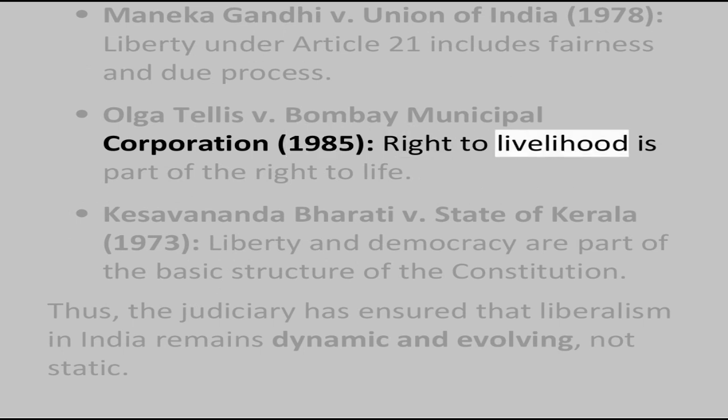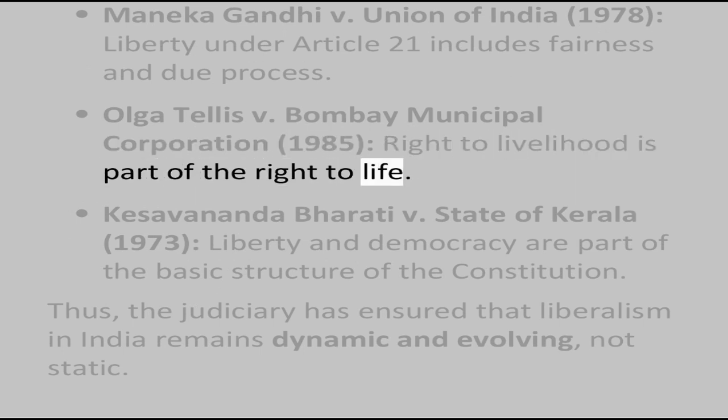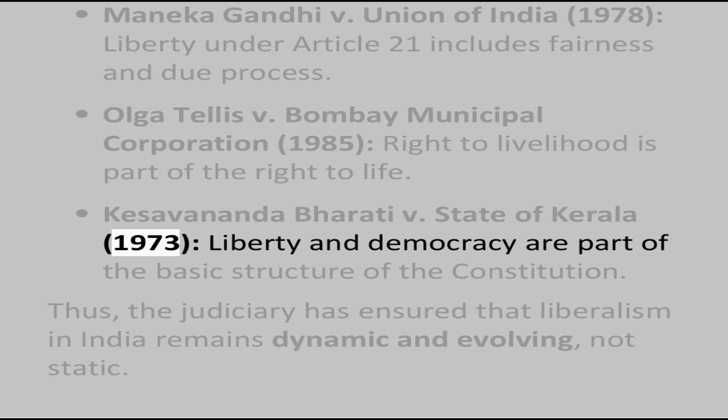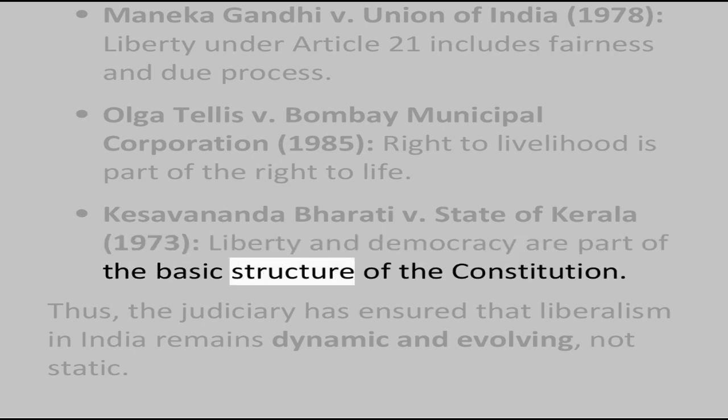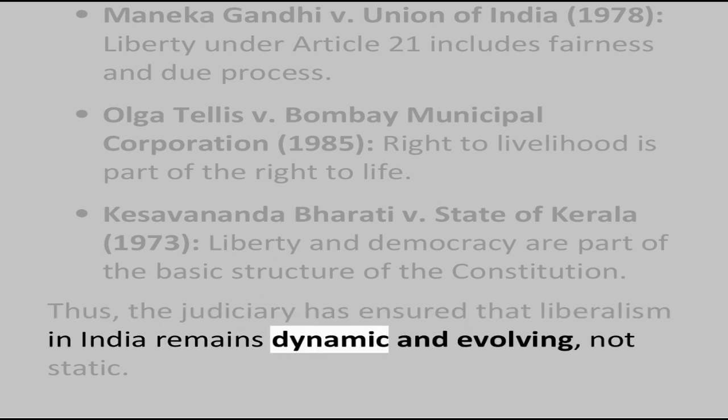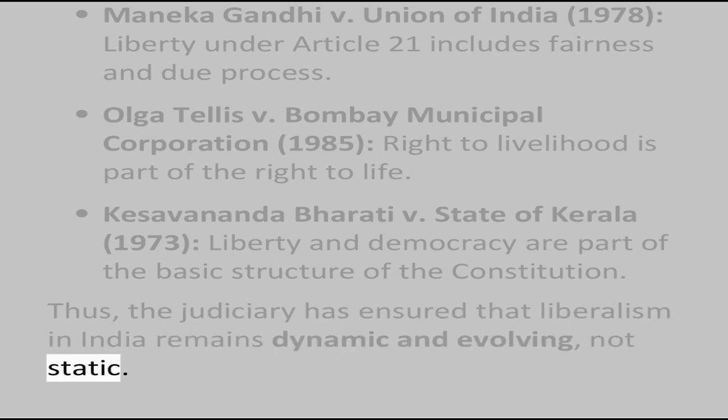Right to livelihood is part of the right to life. Kesavananda Bharati v. State of Kerala, 1973. Liberty and democracy are part of the basic structure of the Constitution. Thus, the judiciary has ensured that liberalism in India remains dynamic and evolving, not static.